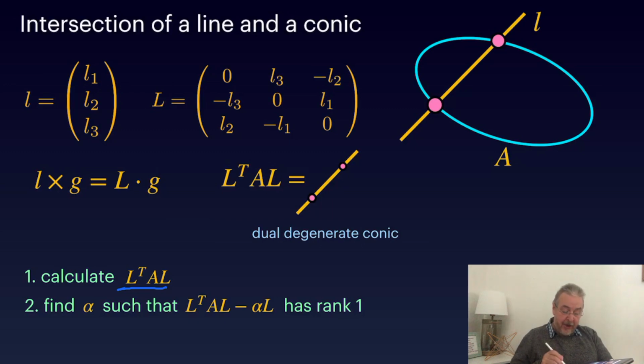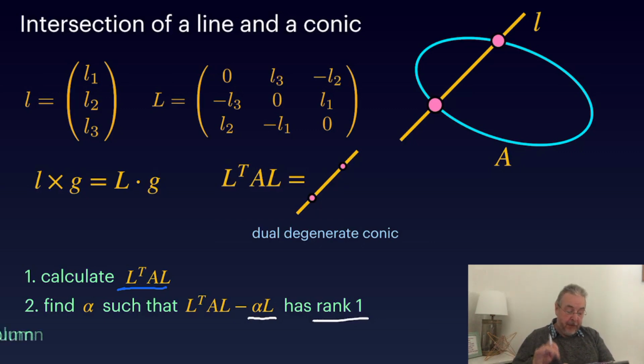So what we actually have to find is a factor alpha such that L transpose AL minus alpha times lambda has rank 1. So the task is now to find such an alpha, but we already showed how to do that. Look at one of the 2 by 2 matrices to get the corresponding factor that you need.